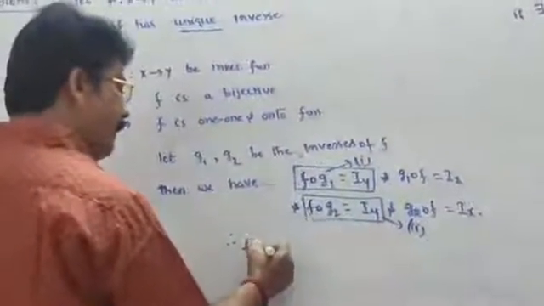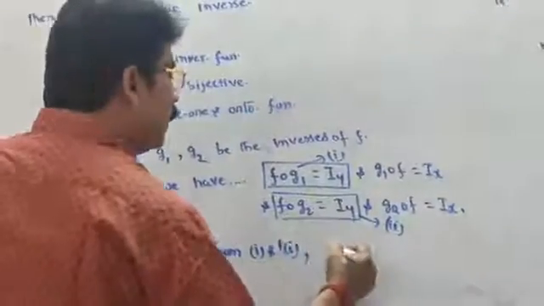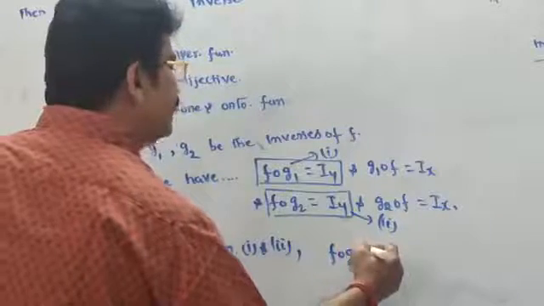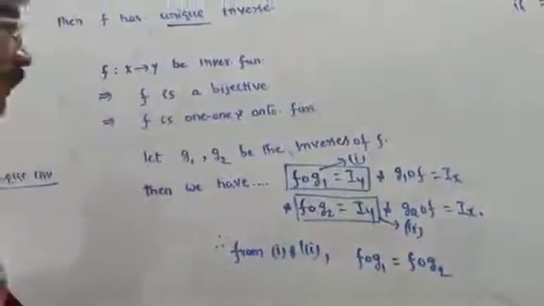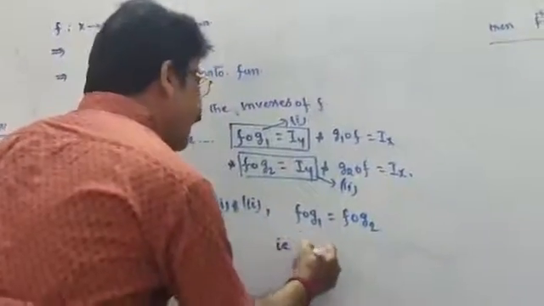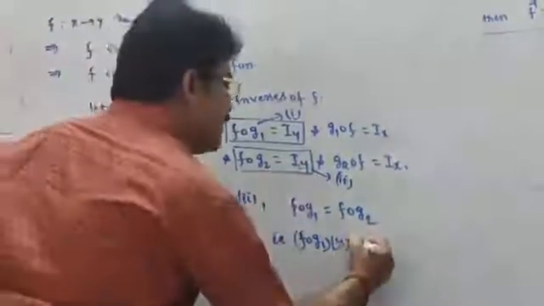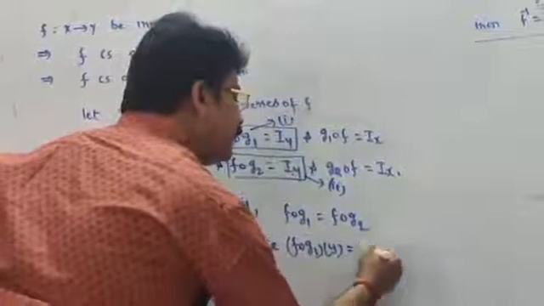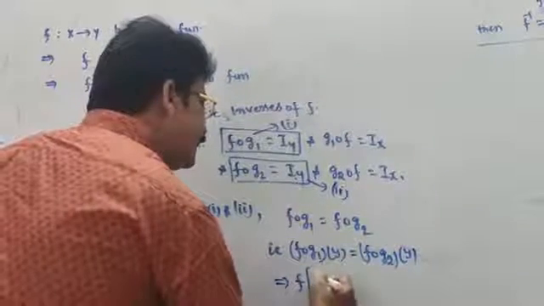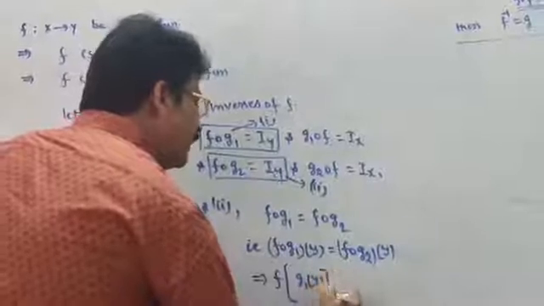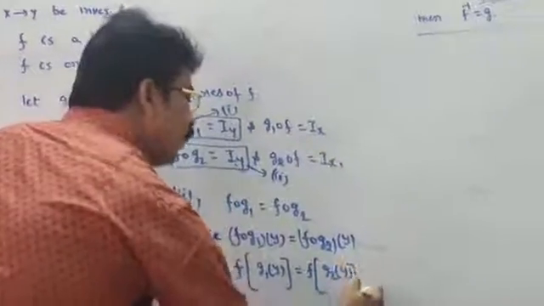Therefore, from 1 and 2, we see that f circle g1 is equal to f circle g2. What does it mean? Complete meaning: f circle g1 of y, because I y, is equal to f circle g2 of y. So it can be written as f of g1 of y equal to f of g2 of y.